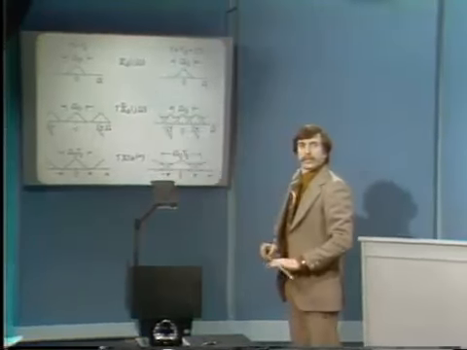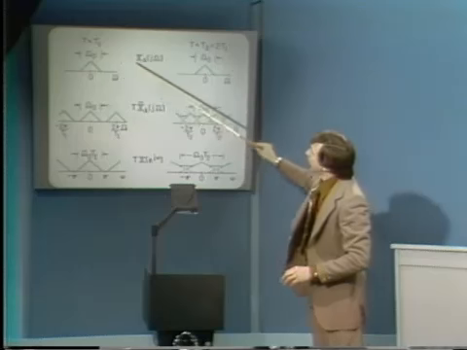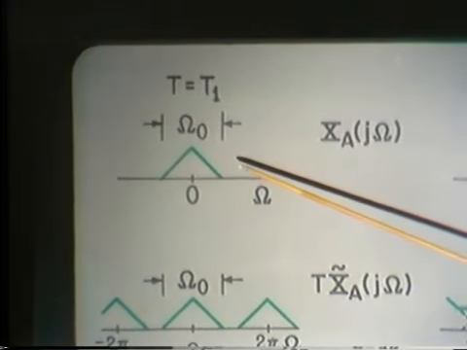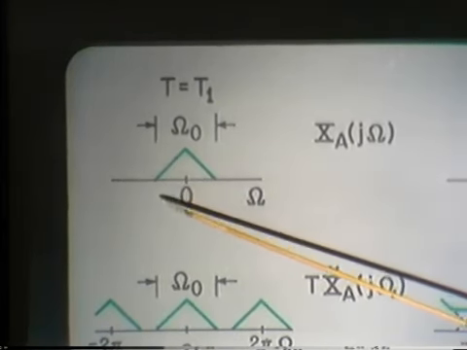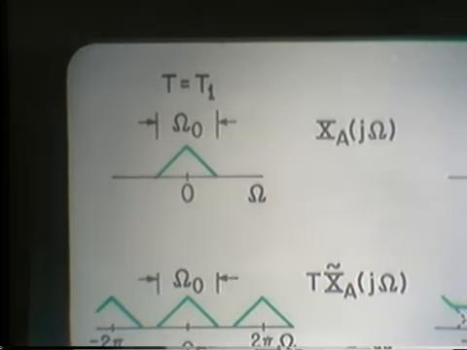I've depicted here the continuous time Fourier transform of some time function, and I picked the Fourier transform that looks like a rectangle, looks like a triangle.